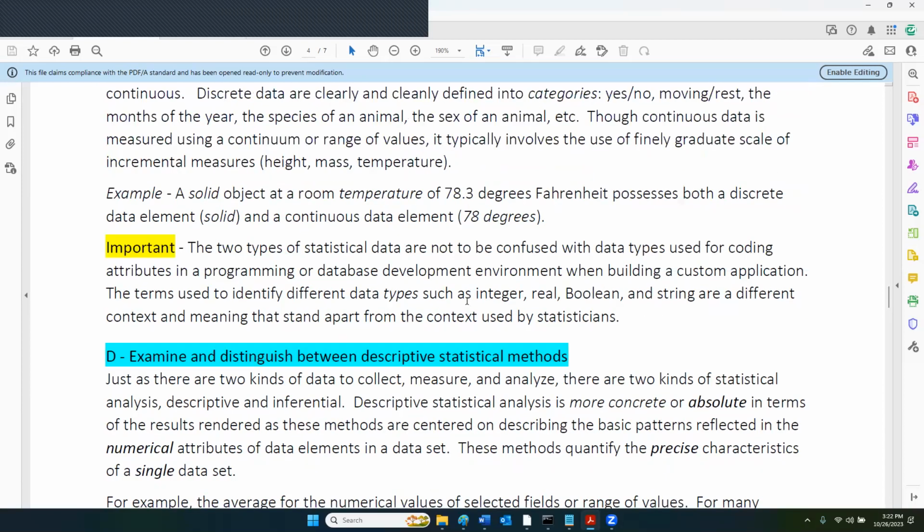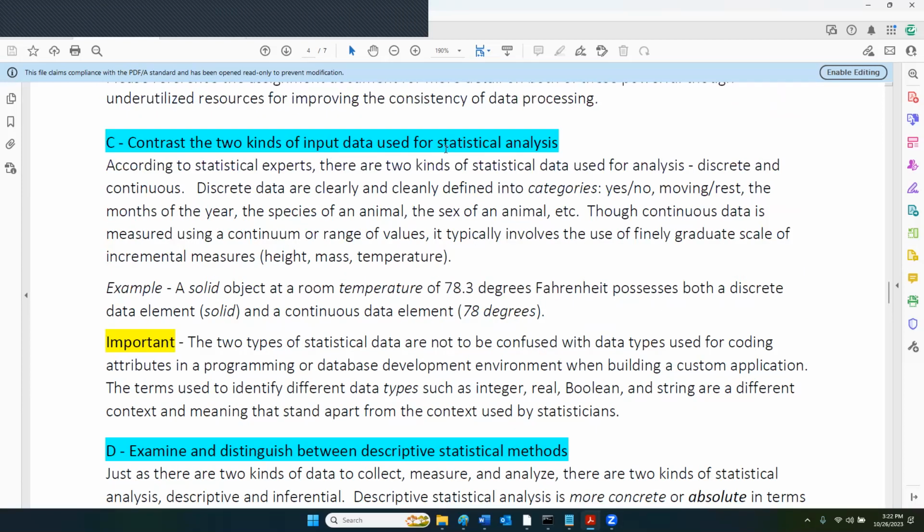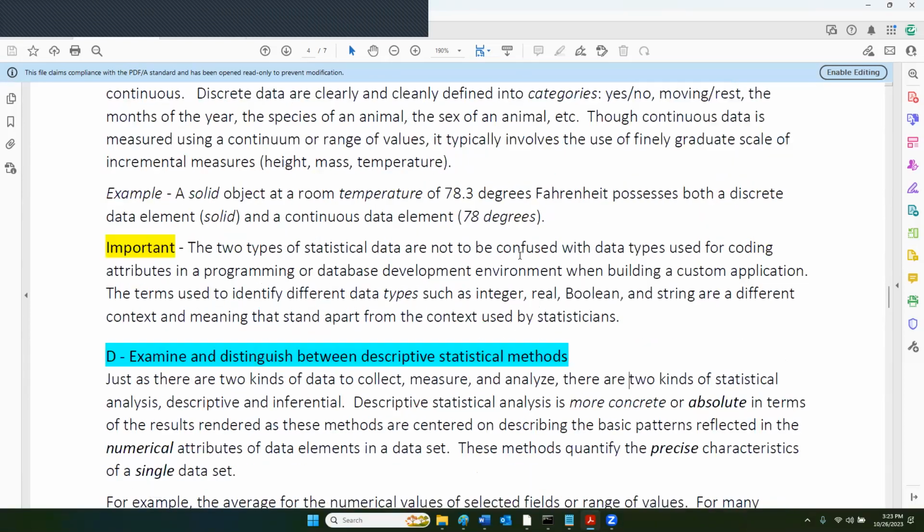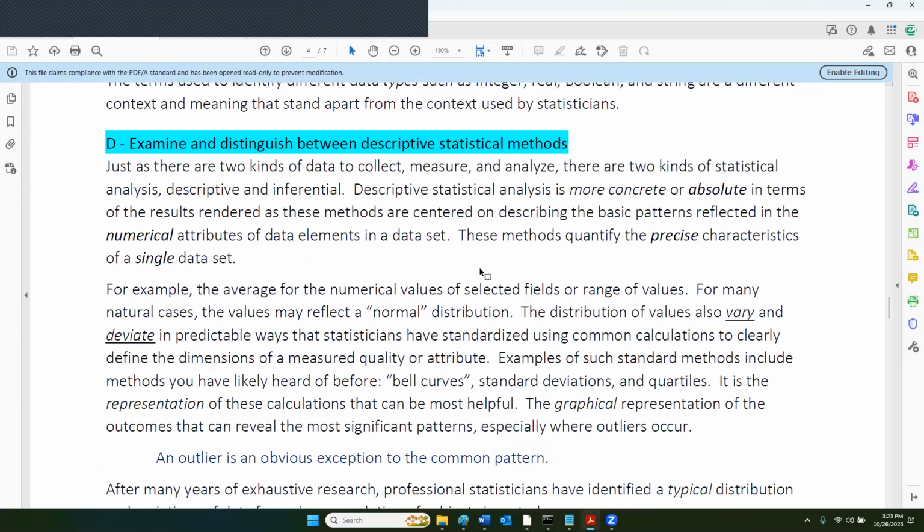So the two different kinds of data, that's one aspect of statistics. But when you look at that discipline by itself, there are two broad categories of methods that we use in statistics. One is called descriptive and the other is called inferential.